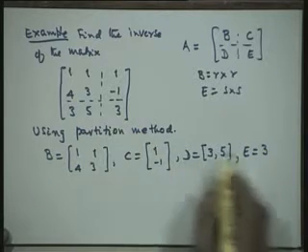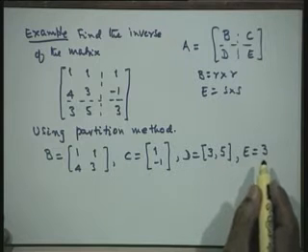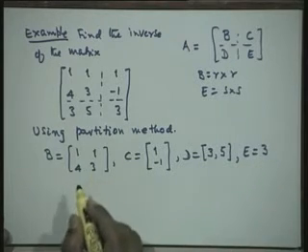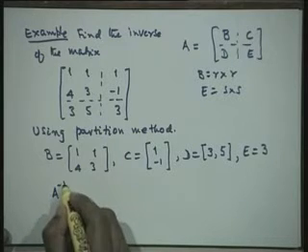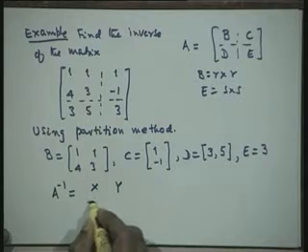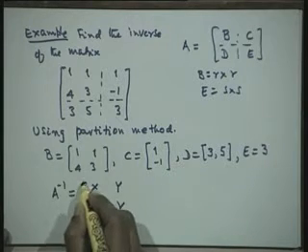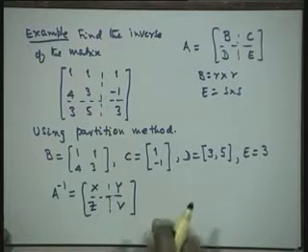So, this is E, that is a 1 into 1 matrix. Now, in order to find the inverse by the partition method, let us also partition A inverse as x, y, z and v. We partition it as this particular thing.